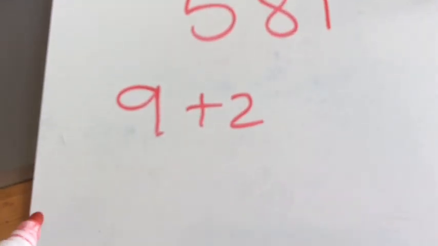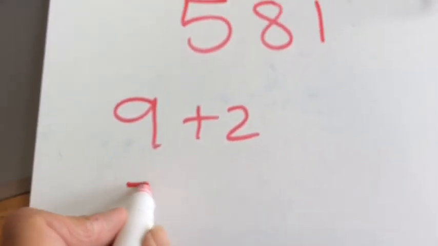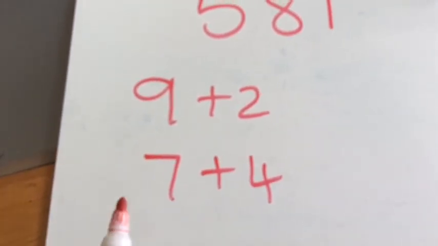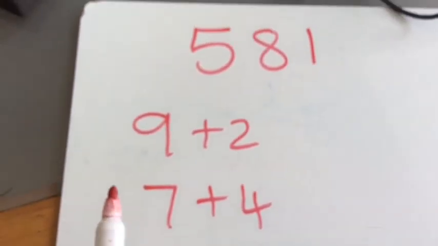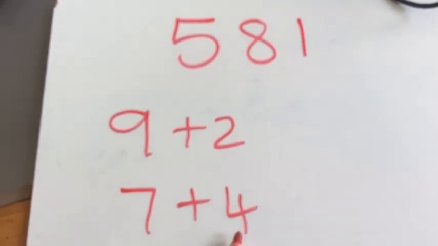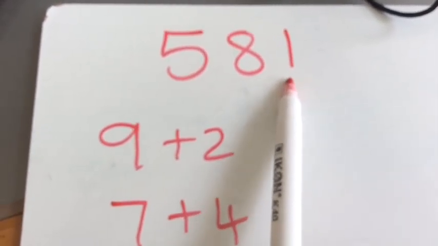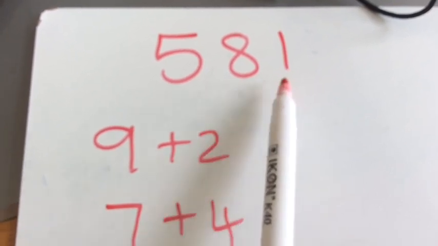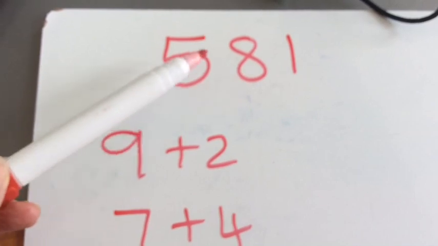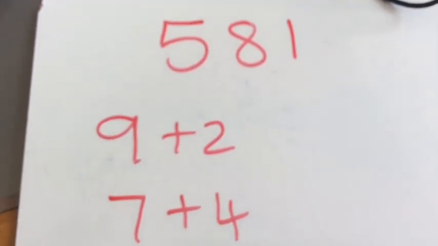What other two numbers make 11? 7 and 4. So you could have a 3-digit number ending in a 7 and a 3-digit number ending in a 4. That is going to give you 1 unit at the end. But of course you've got to check that your 10s are going to give you 8 and your 100s are going to give you 500s.